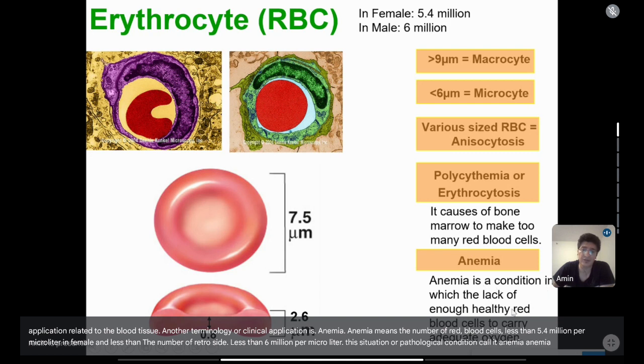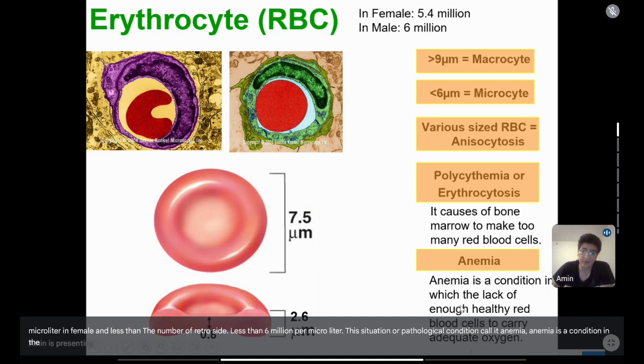Anemia is a condition in which there is a lack of enough healthy red blood cells to carry adequate oxygen. Okay? All of these are clinical applications related to the erythrocyte, about size and about the number of erythrocytes or red blood cells.